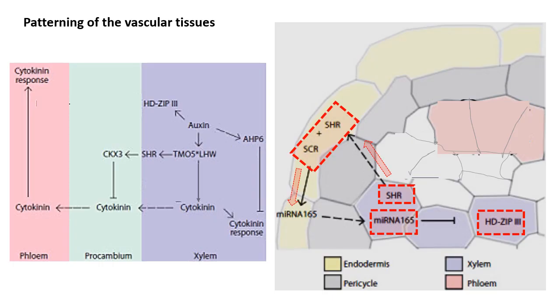The gradient specifies protoxylem and metaxylem, with the highest level of HD-ZIP3 activity promoting the metaxylem and the lowest level promoting the protoxylem cell identity. Hence, several signaling components that are active in the development of the vascular tissue in the embryo are expressed throughout root growth and development.